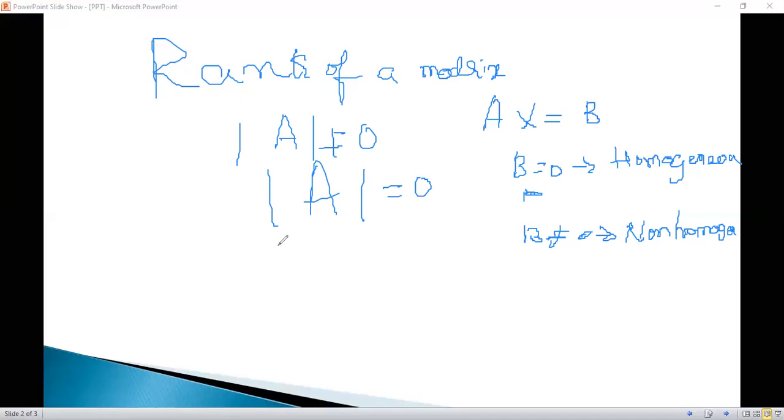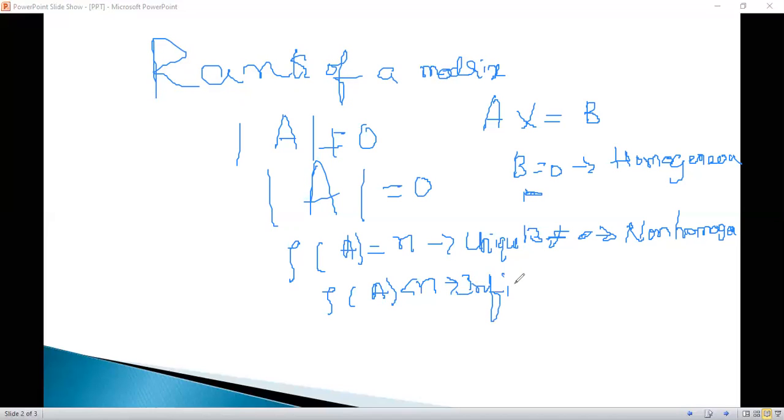Or in terms of rank, if the rank of A equals n, which is the number of unknowns in the given system, then it will have a unique solution. We know how to find the rank by expressing the matrix in row reduced echelon form. If the rank of the matrix is less than n, then it will have infinite solutions whenever the system is homogeneous.